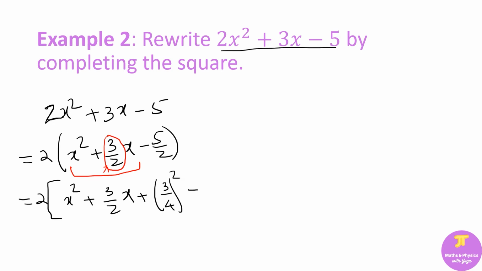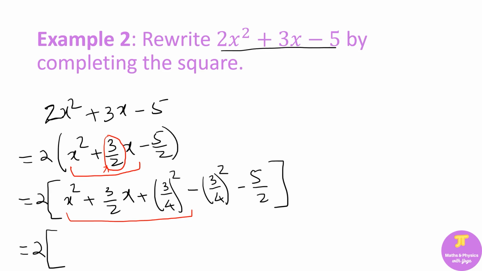And straight away we need to subtract the same thing that we added, because we cannot add something without subtracting. And we will write the remaining as it is. Now the beautiful thing is, we are able to square this one, so we will keep the 2 outside. So this part becomes (x + 3 over 4) squared.